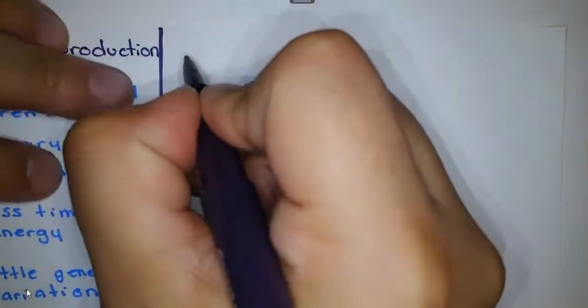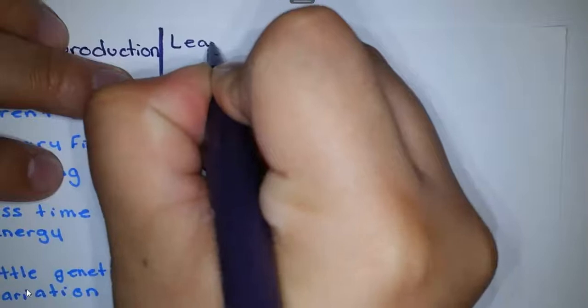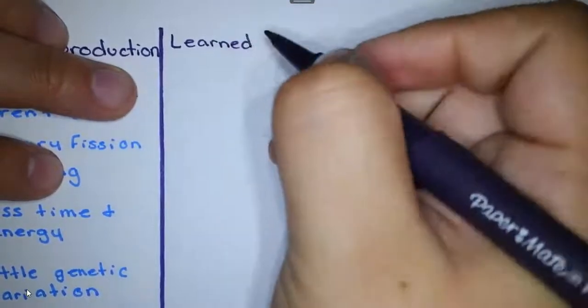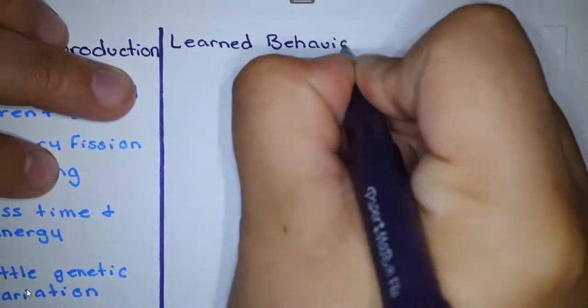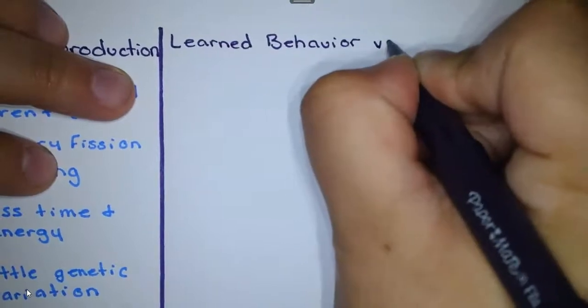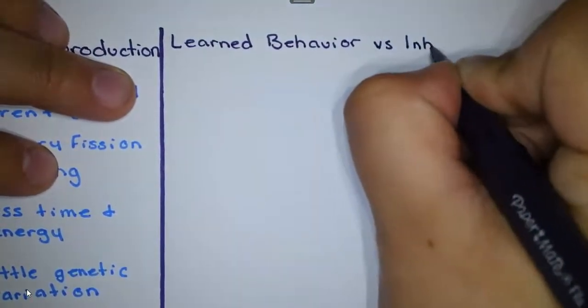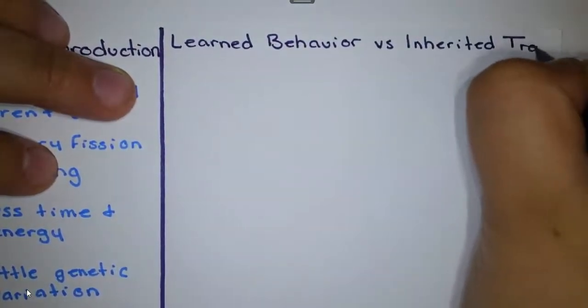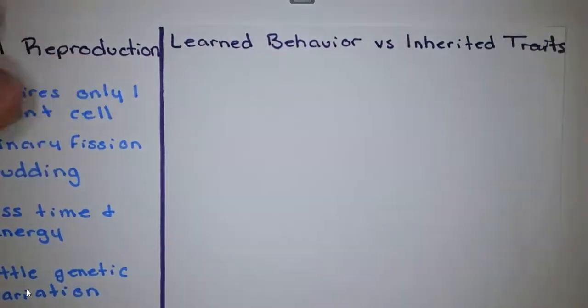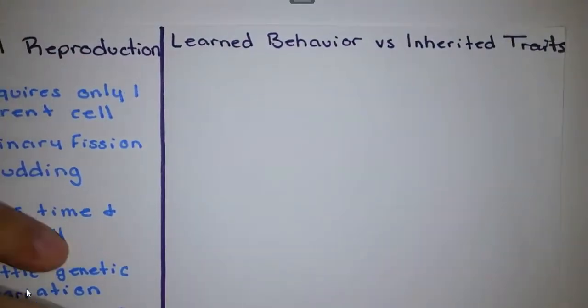For learned behaviors, I'm going to title it up here. Learned behavior versus inherited traits.